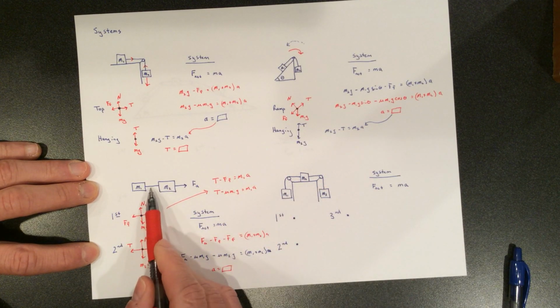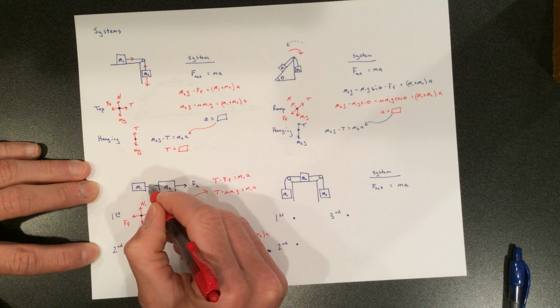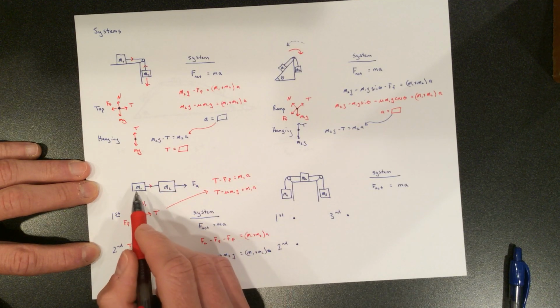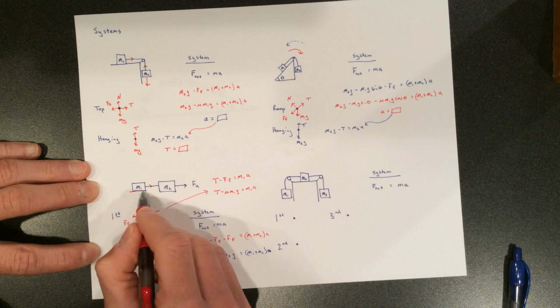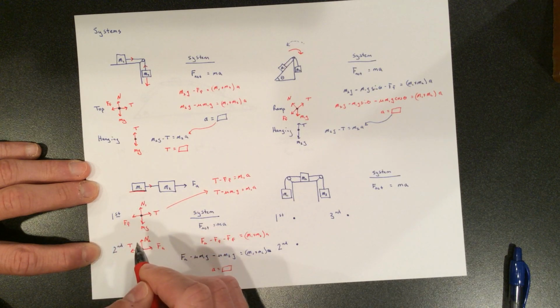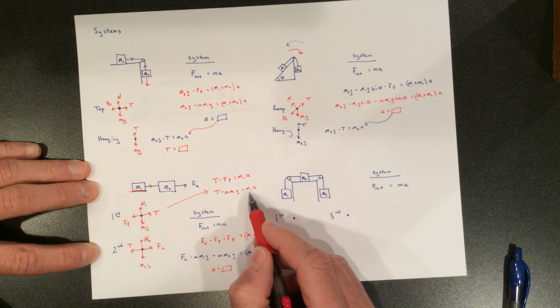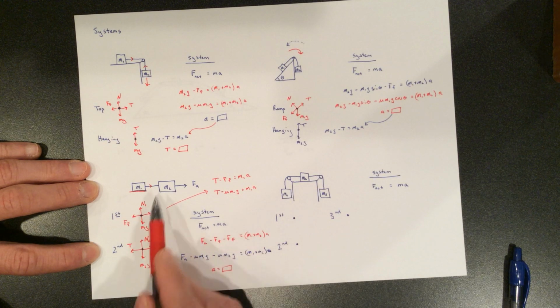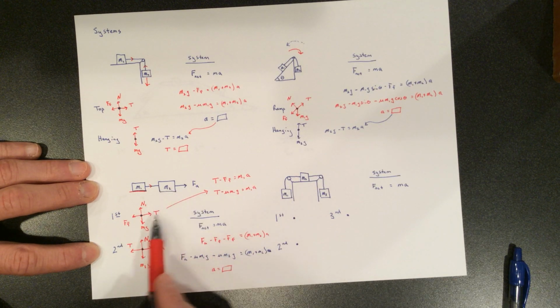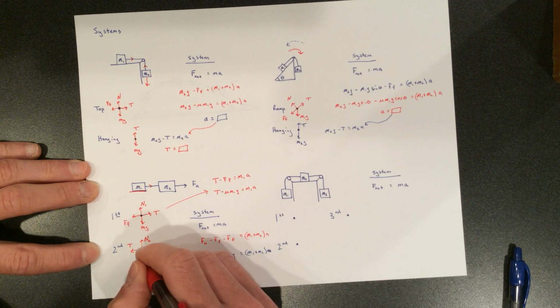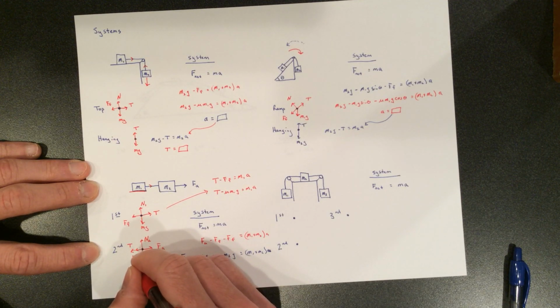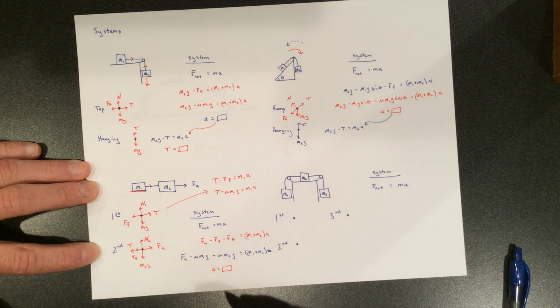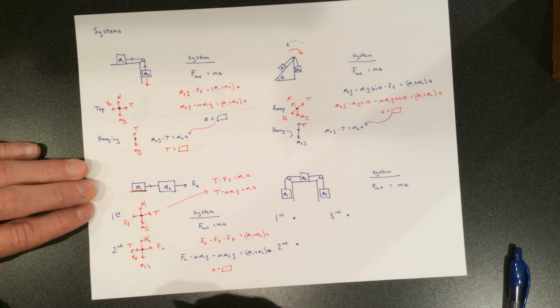Again, this string is the only thing moving box 1. Opposing it is this grinding of the two surfaces, and that difference causes box 1 to accelerate. If you looked at just box 2, it'd be the applied force minus tension. Ooh, I did forget a force. And friction could be that, and you could use that one as well.